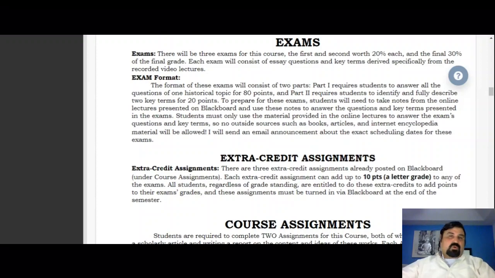There'll be no fill in the blanks, no scantrons, no short memory sort of exercise. Rather, the format of each of those exams is going to be simply questions and key terms.